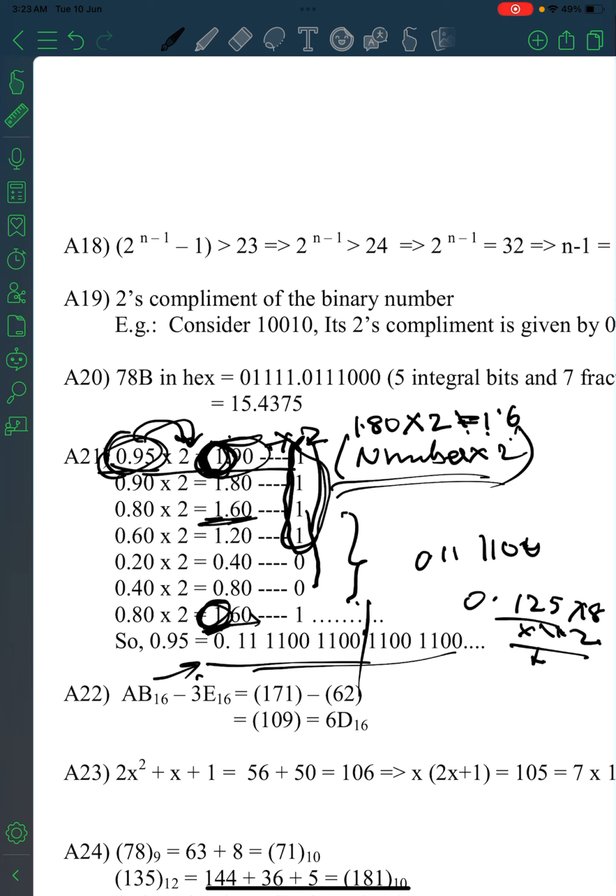Multiplying by 2 again gives 0.5, again 0. Multiplying by 2 gives 1, so it's 0.001. We multiply 0.125 by 2, and again by 2, and again by 2. That's how we do this.